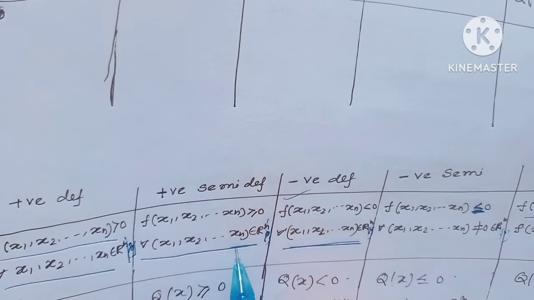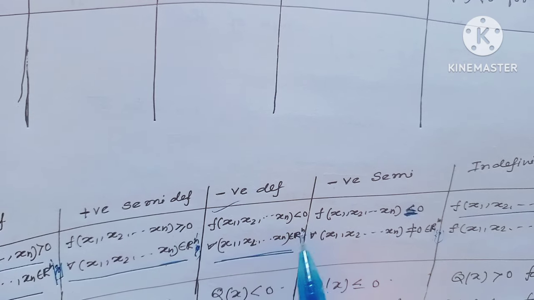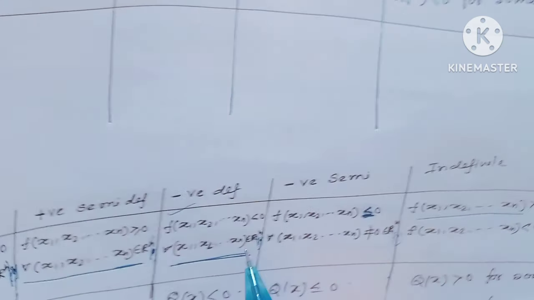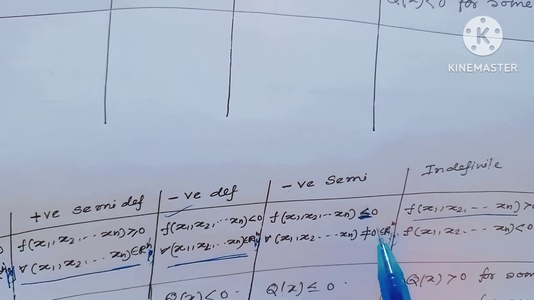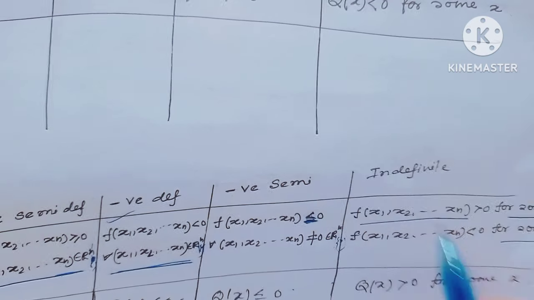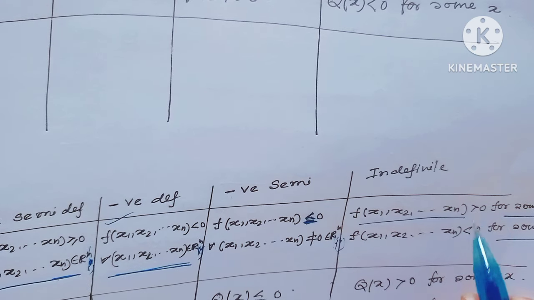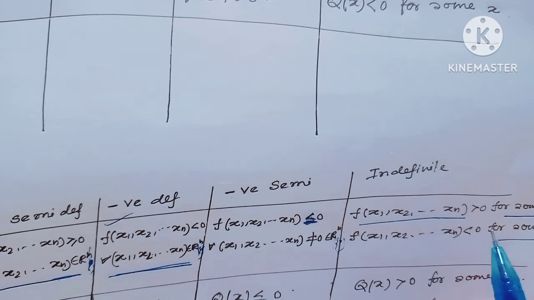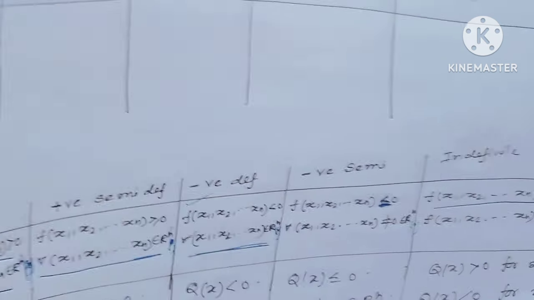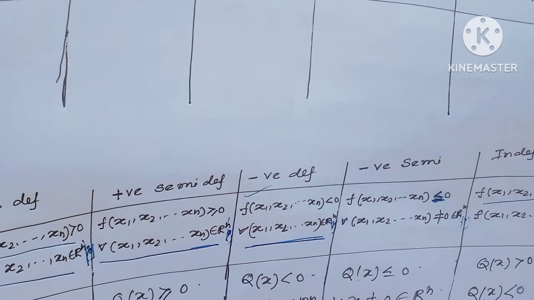Negative definite means the function is less than 0 for all nonzero x, and negative semi-definite means the function is less than or equal to 0. Indefinite means the function is greater than 0 for some x and less than 0 for some x.